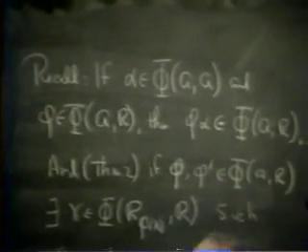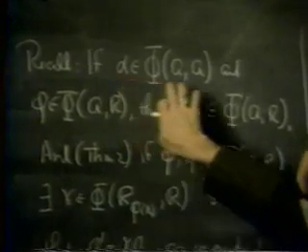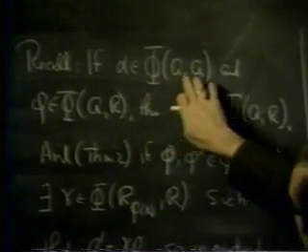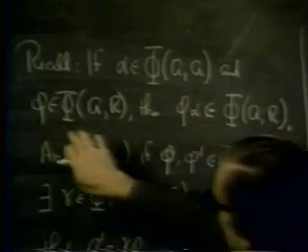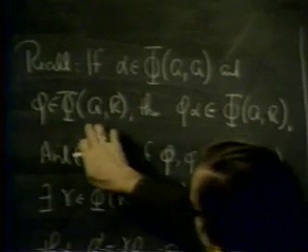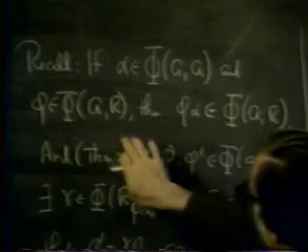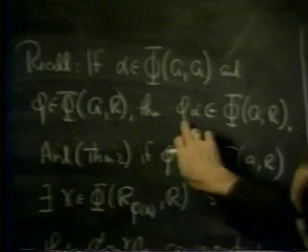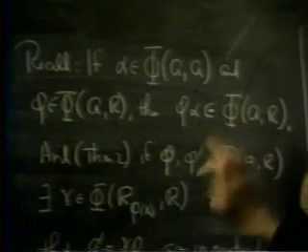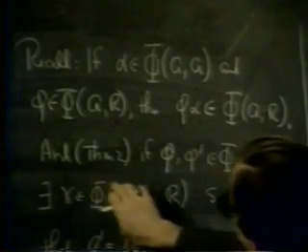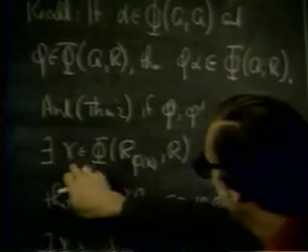The first thing that we know is that if alpha is an endomorphism of the qualitative structure and phi is a homomorphism from the qualitative structure to the representation structure script R, then phi applied to alpha is also a homomorphism.